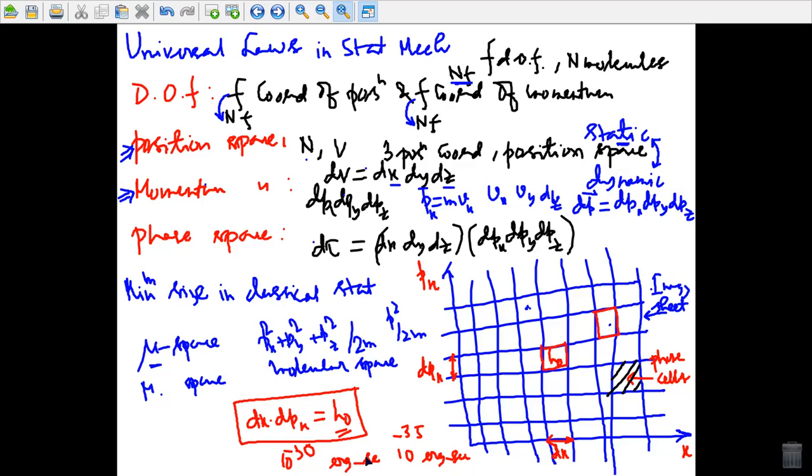If the particle lies within the cell, its state is represented by the pair of coordinates x, px. If there is a change in the state of the particle, it will move from this cell to another appropriate cell, and the dimensions of h0 are length times momentum, that is meter into Newton second, or Joule second.